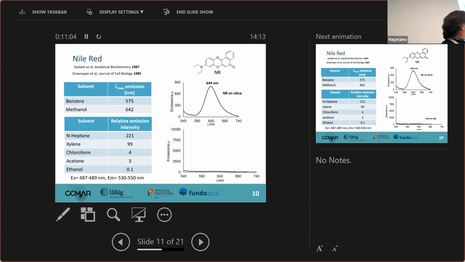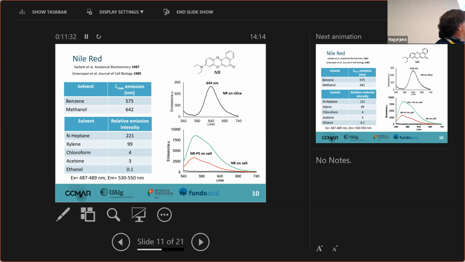If we have particles of polystyrene covalently linked to Nile Red, you have the emission of Nile Red, but the emission in the environment, as expected, in a non-polar environment supplied by polystyrene. So this is different from the top.